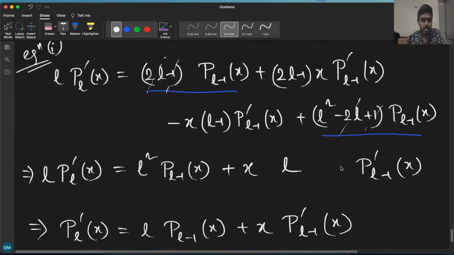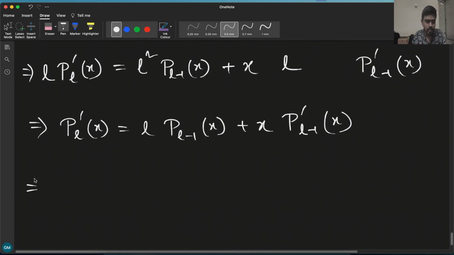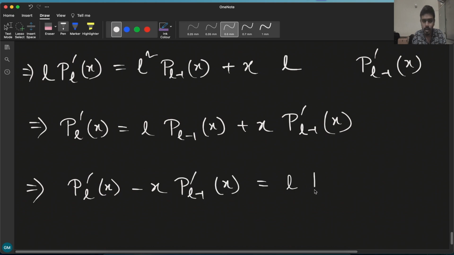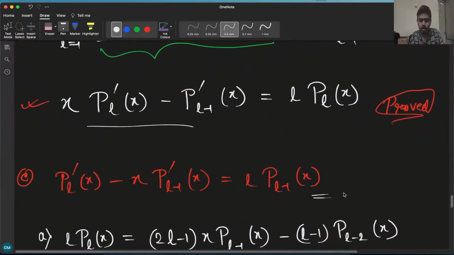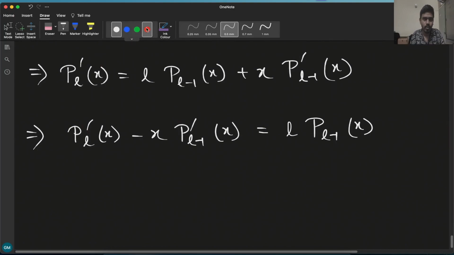I can take this to the left hand side, then it is P dash Lx minus x P dash L minus 1x equals L P L minus 1x, and that's the recurrence relation. So it's proved.